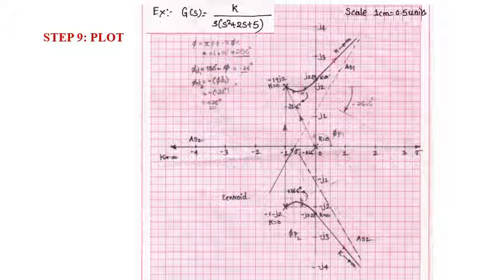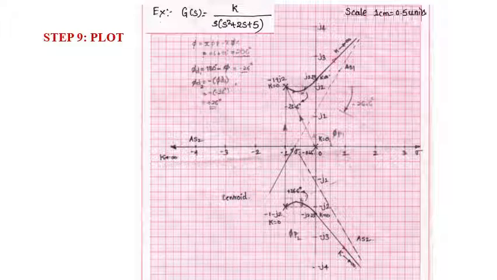Regarding this problem, many of the students asked whether we can draw the angle of departure using this plot itself. So to help them, I will try to draw the angle of departure here itself. I'll show you how you can draw it.